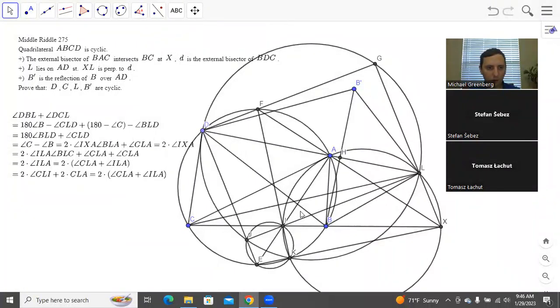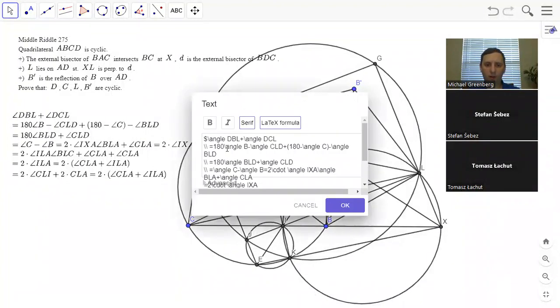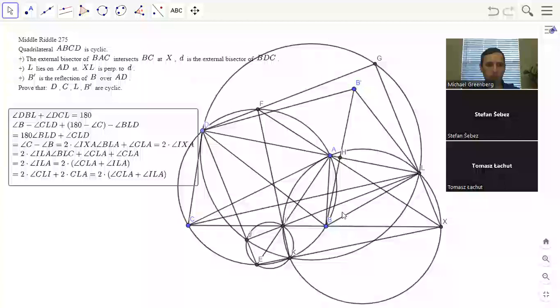Oh, it even copied a bit badly. So the first line is DBL plus DCL is 180, and then there is a line break. Oh, I see. Equals 180. So that's the first line. So basically, that's what you're trying to prove. Yeah.